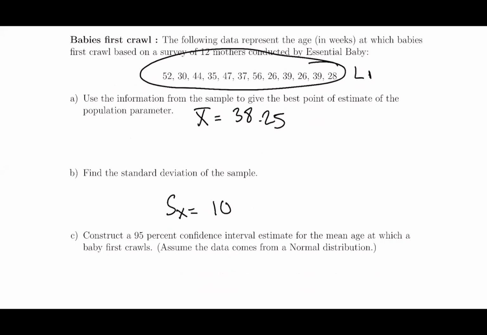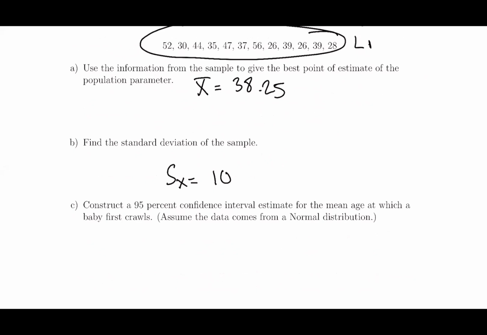So we have the sample mean, which is 38.25, and the sample standard deviation, which is 10. For part C, it says construct a 95% confidence interval estimate for the mean age at which a baby first crawled. So we want to do 95%.